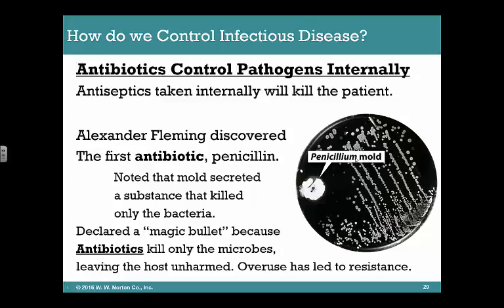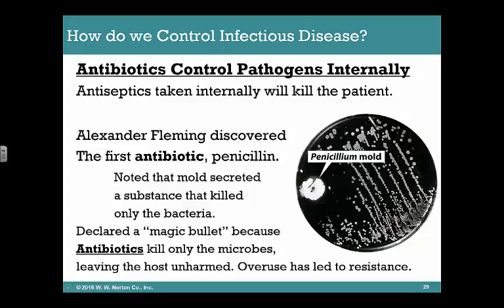And so you can see over here this white dot represents that mold that he found growing on the plate, and the smaller gray dots and areas of growth that you see on the dark background, which is the nutrient-rich media, are the bacteria growing on that media.